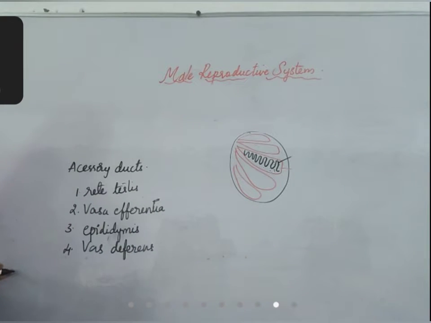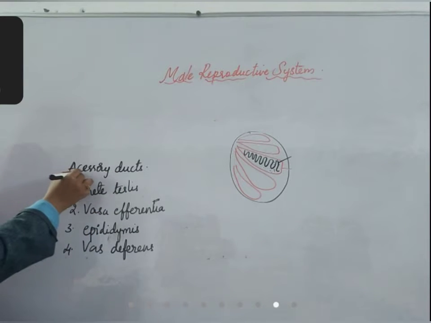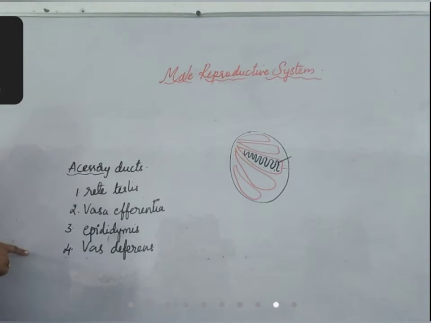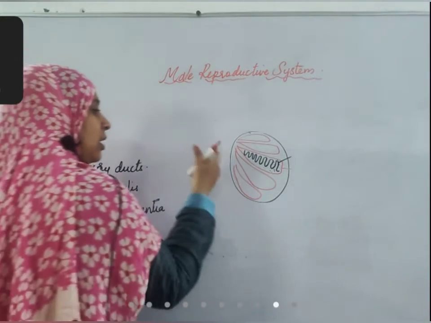These all form the major accessory ducts. Accessory means additional ducts that are present. Okay, so let us observe those.